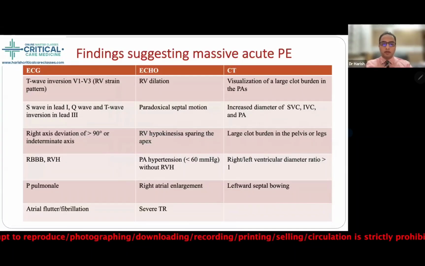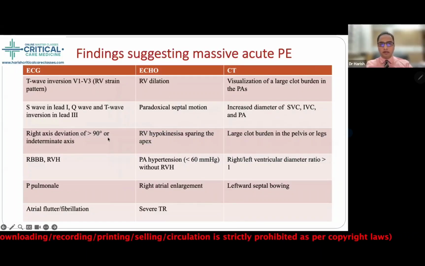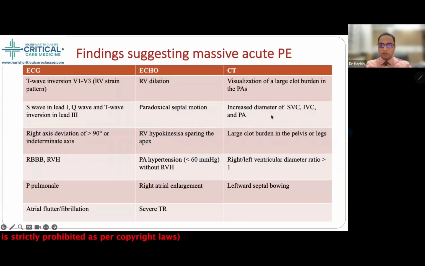So already we discussed ECG and echo, which suggest massive PE. In terms of CT, increased diameter of SVC, IVC and pulmonary artery, large clot burden in the pelvis or legs, right to left ventricular diameter ratio more than 1, so leftward septal bowing even in CT pulmonary angio. All these things suggest massive PE.